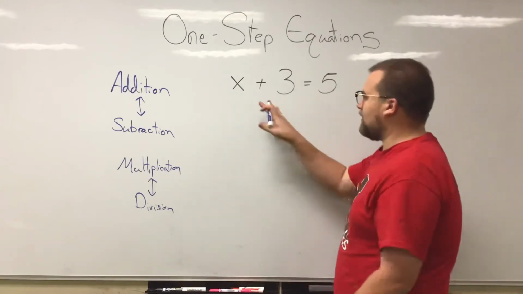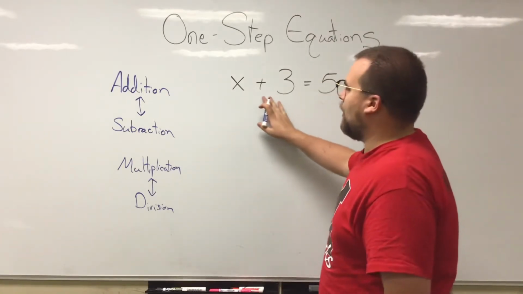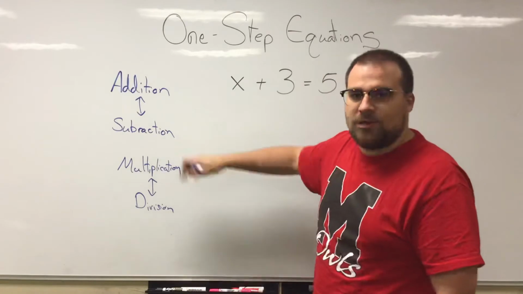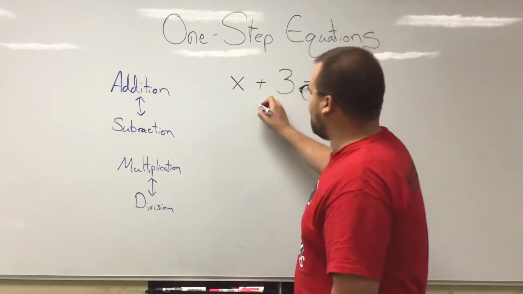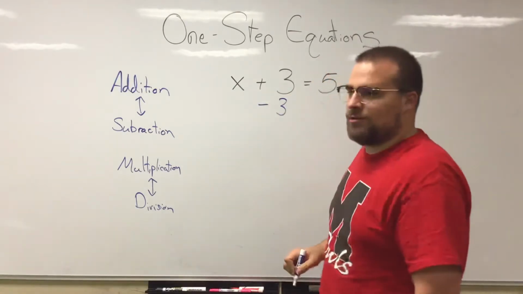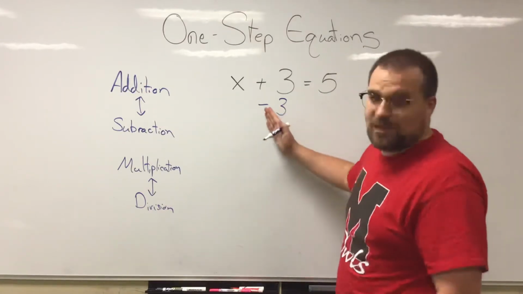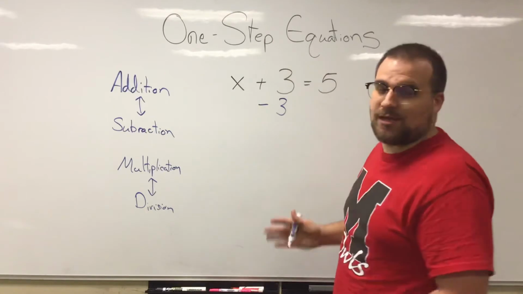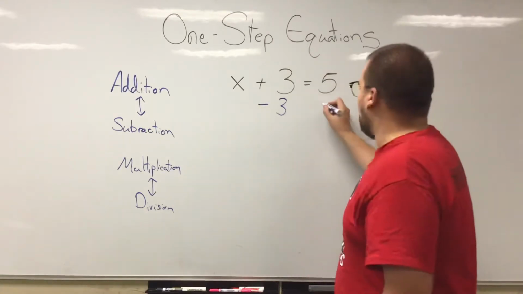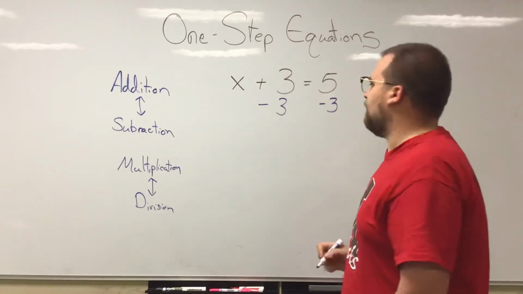Since we have a plus 3 here, we want to undo that with subtraction, so we're going to take away 3, minus 3. And a common rule in math says what we do to one side, we have to do to the other to keep it fair and balanced. So I'm also going to do that here.